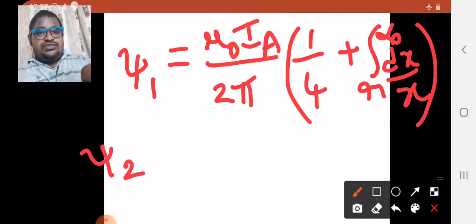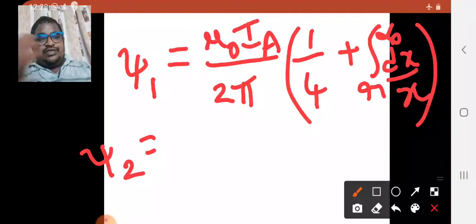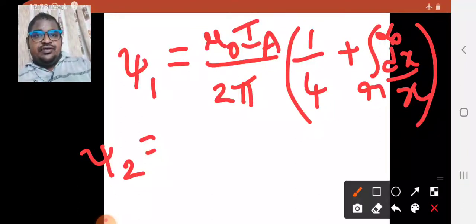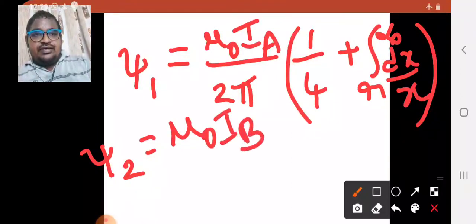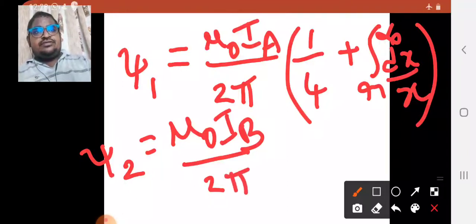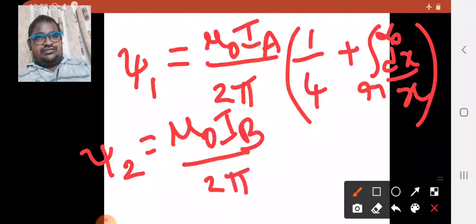Now, due to the B current IB, what is the expression? Psi 2 is equal to mu naught IB by 2 pi into integral. What is the distance between A to B? A to B distance is D3.